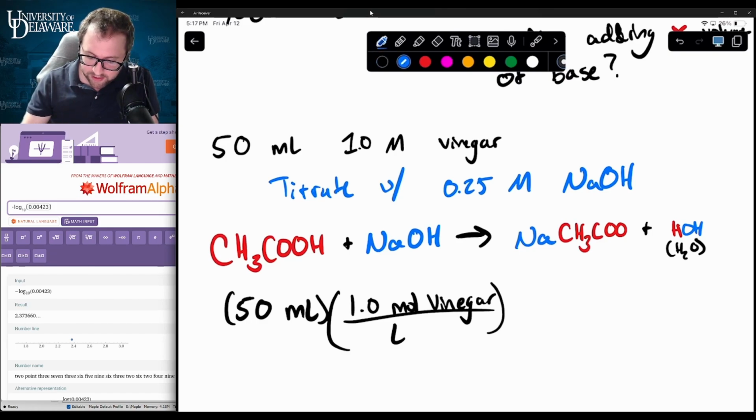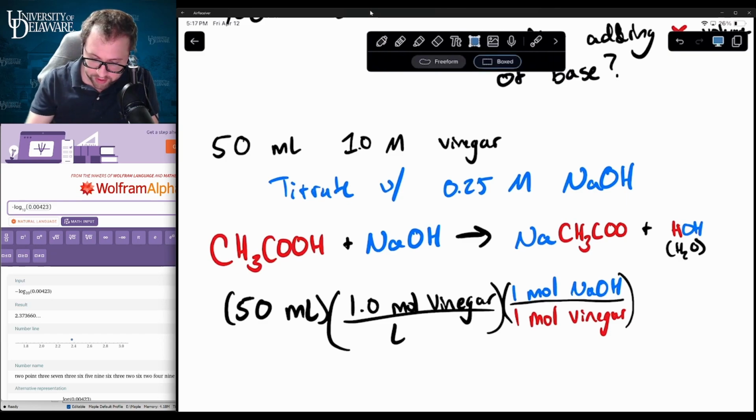All right, so we have 1 mole of NaOH per 1 mole of vinegar. Maybe we'll color code this to match so that we know we're talking about vinegar there. And then this should all cancel, right? No, it doesn't. Almost cancels.